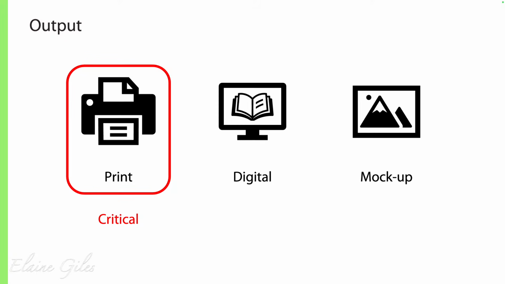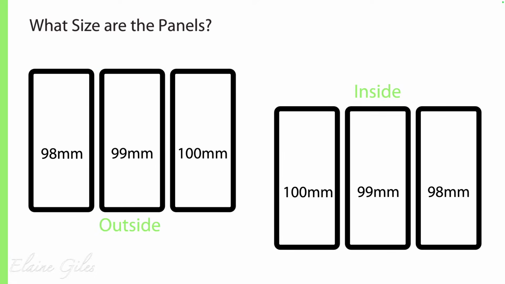So for print, output is the important one to ensure that it folds correctly. Your print service will give you precise instructions. Unless, of course, you're printing your own. And then you're on your own. It's up to you. But it is critical. So for a roll fold to fold correctly, these are the size of the panels.